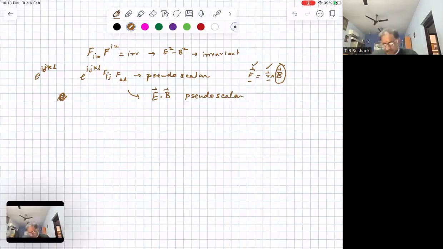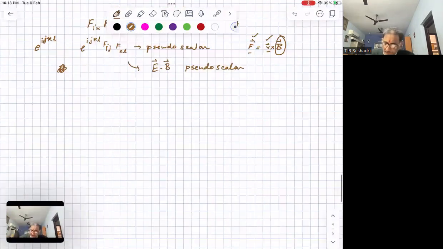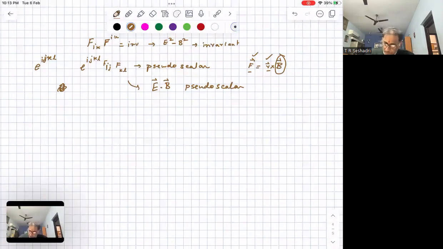So let me just digress, doesn't matter in this one. I'll give you an example. Suppose I have a person sitting on a charged particle. Here, E is non-zero, B equal to 0. Now I look at it from a frame which is moving with respect to it with velocity V. Then what will happen?